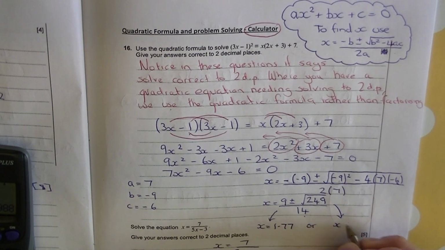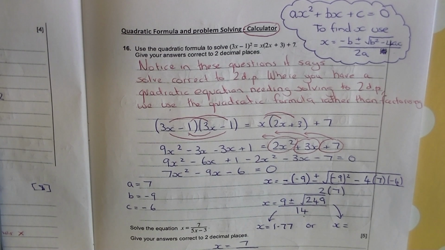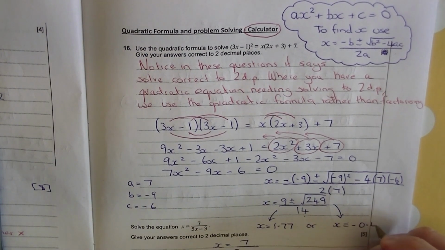Or x equals, this time again on my calculator, 9 minus the square root of 249 divided by 14, and I get minus 0.48.